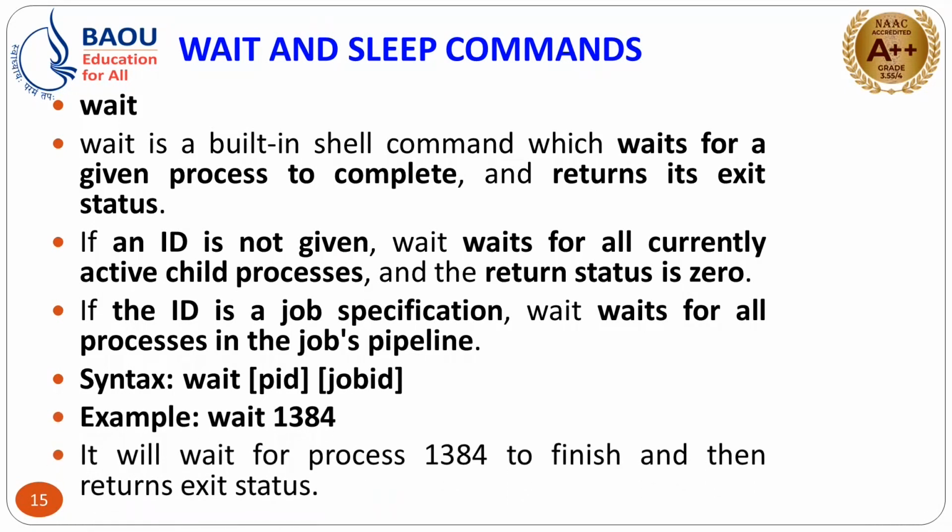So here you can see the syntax: wait, process ID or job ID. So wait 1384, that is the job number. That will wait for that particular process and then return the exit status. If you are not mentioning the process ID, whatever child processes are available are all executed first and then it will give you the exit status.